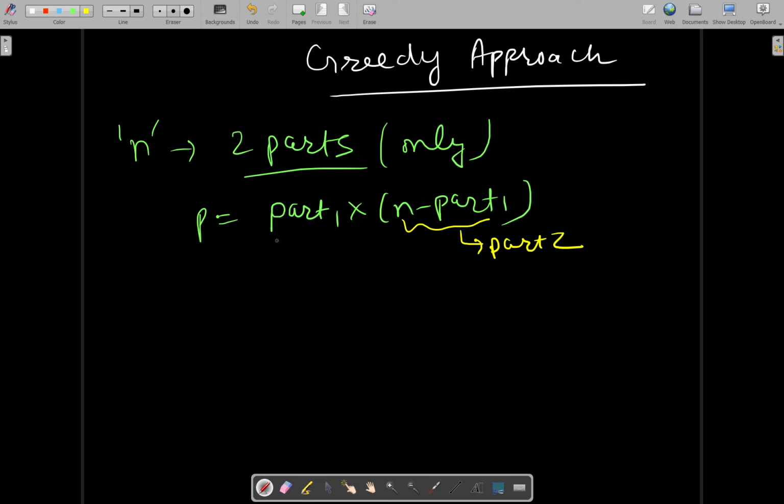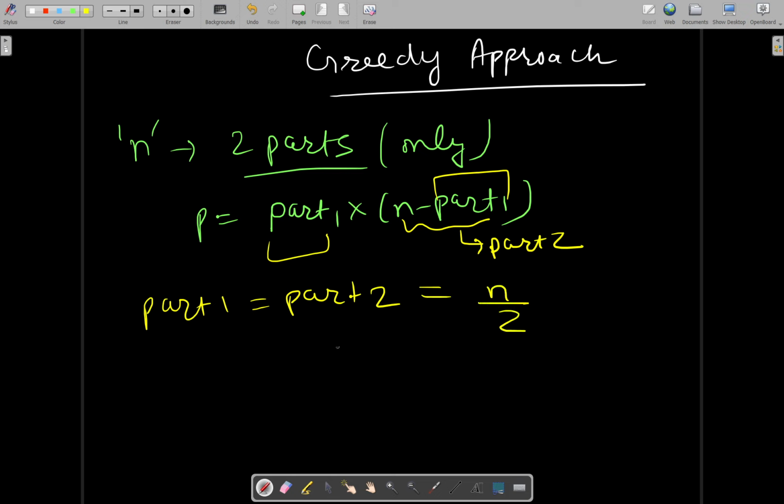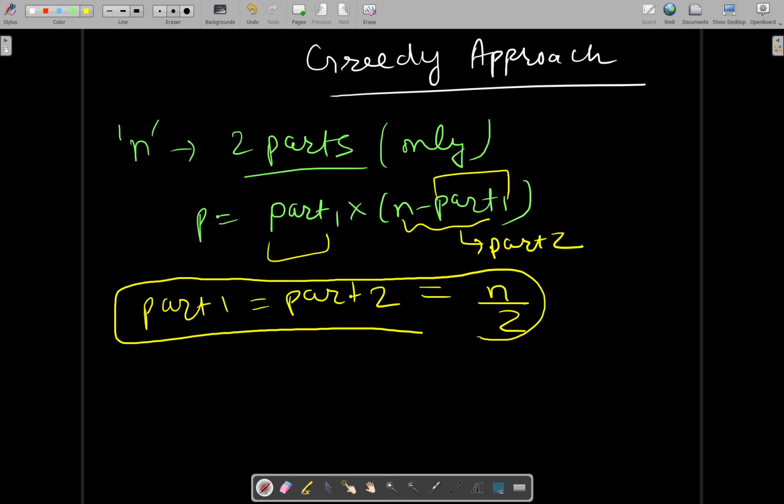Now when this particular product will be maximum, what should be the values of part 1 and part 2? It can be observed that part 1 and part 2 values should be equal to n by 2. Only then your product will be maximum.